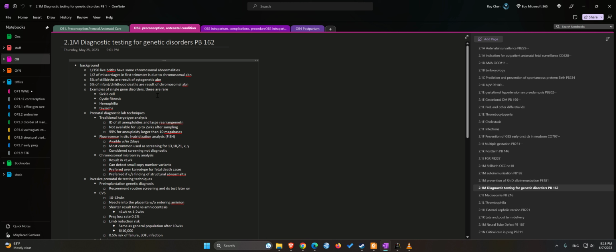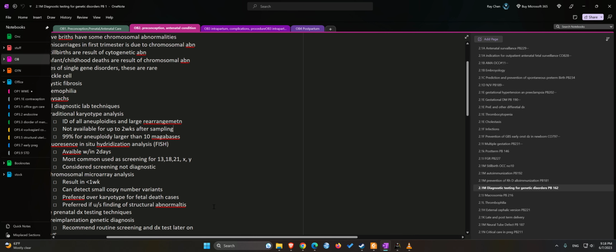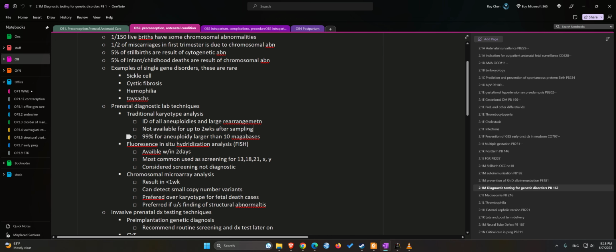So traditional karyotype analysis identifies all aneuploidies and large rearrangements. It's not available for up to 2 weeks after sampling. 99% of aneuploidies are larger than 10 megabases.